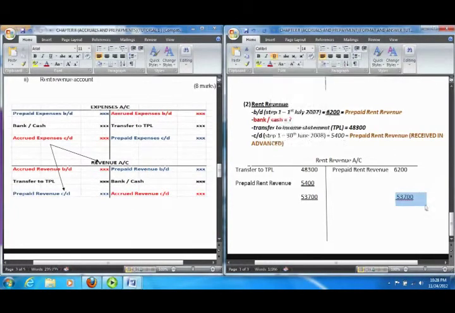53,700. So this is the amount. Class, as you can see in the total, the credit side is still not enough. 6,200 plus something to get 53,700. So class, how to calculate?